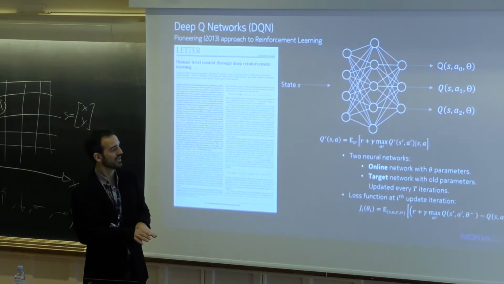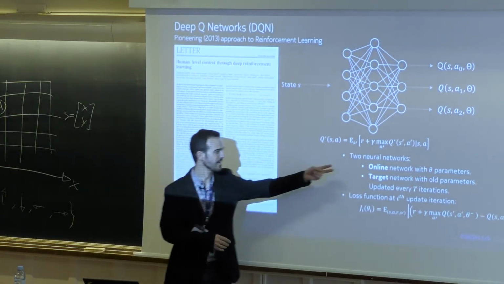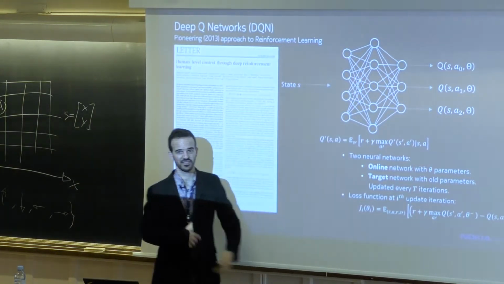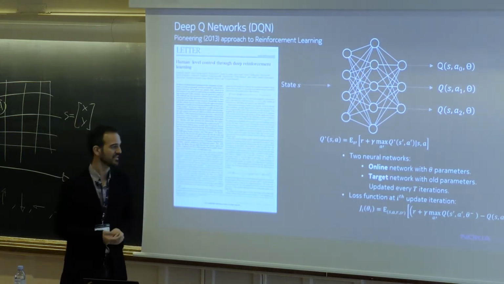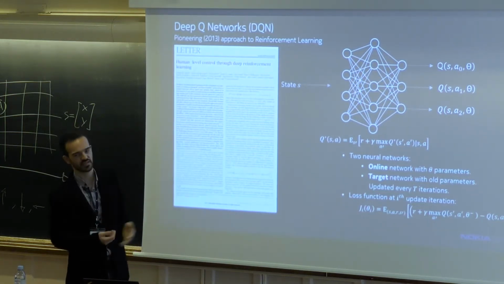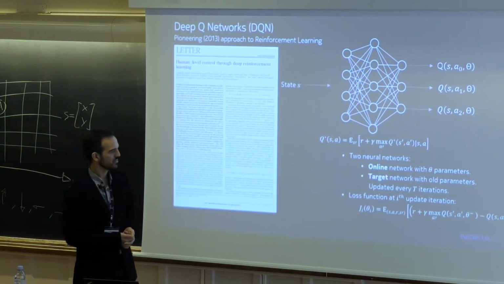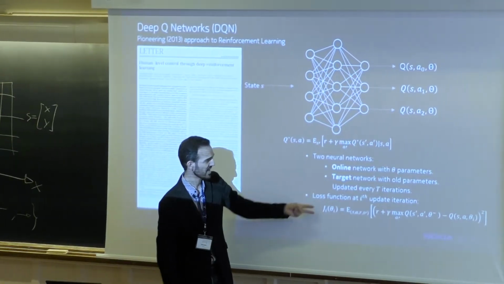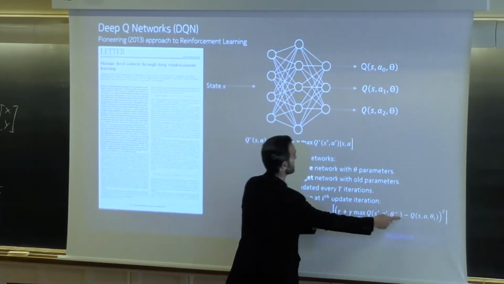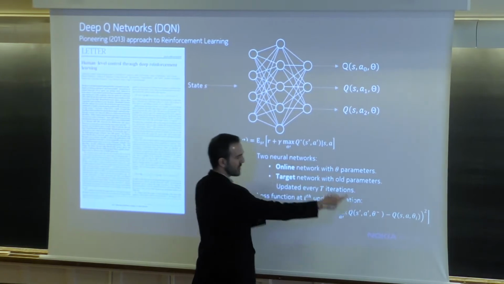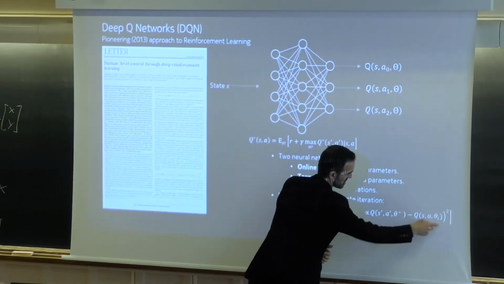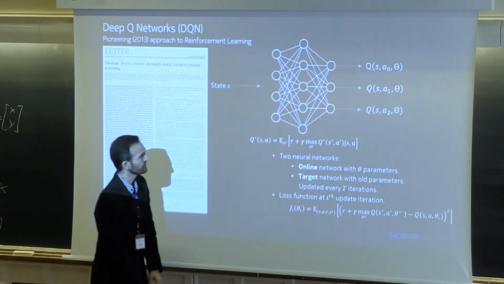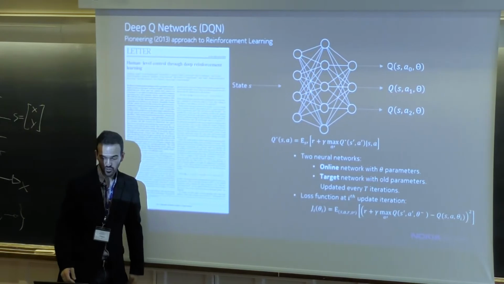Because if we were actually using the online network to predict the labels themselves, they would be changing too fast, and then the whole thing would just not converge. So Q-learning does this by defining this loss function, which is again nothing more than the targets from the Bellman equation and the current predictions done by the online network.